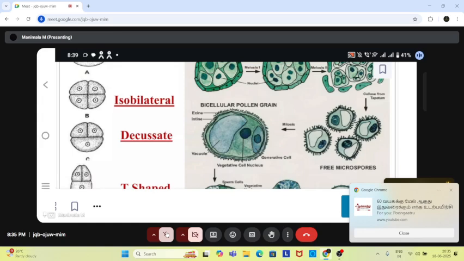First, mitotic cell division takes place, then microspore mother cells are formed, and these undergo meiotic division to form a tetrad of four haploid microspores. Is it clear now?